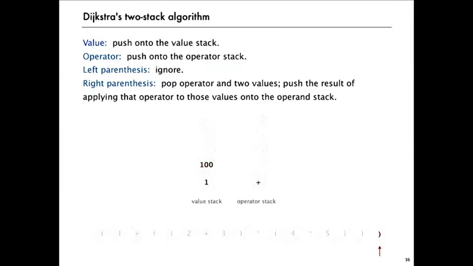And finally, the last right parenthesis: take the two operands off the value stack and the operator off the operator stack, perform the operation, put the result back on the value stack. And we're at the end of the computation, and that's the result. The value of that arithmetic expression is 101.